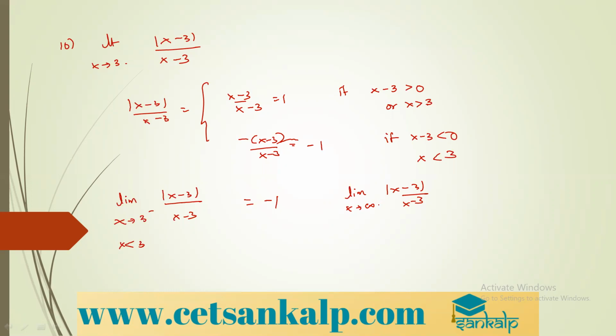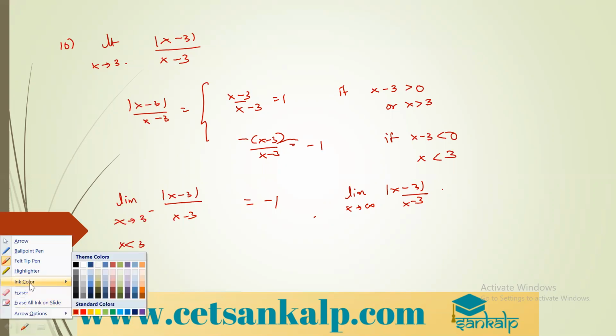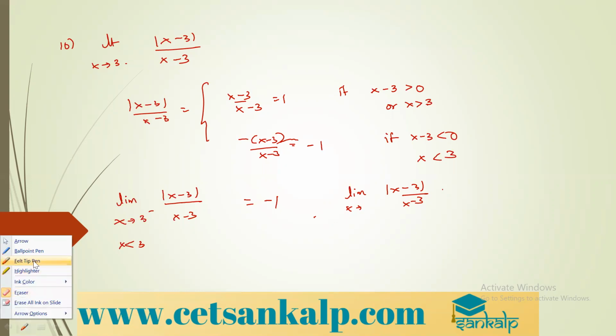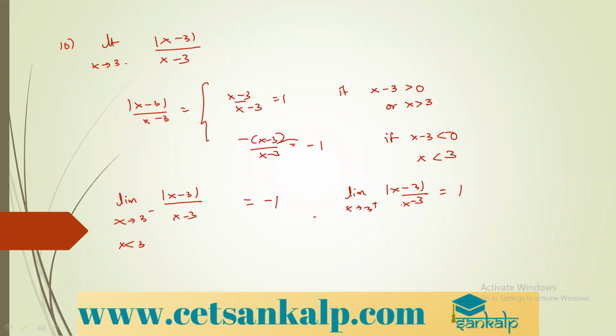But for the limit of absolute value of x minus 3 by x minus 3 as x approaches 3, we can't take all the values. So we will take the right limit. As x approaches 3 plus it is 1, because x is greater than 3. You can see the left limit is not equal to the right limit.